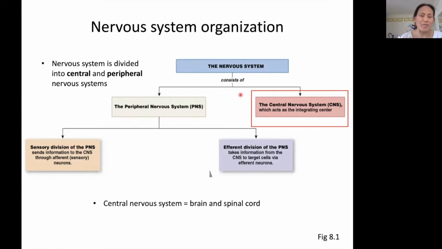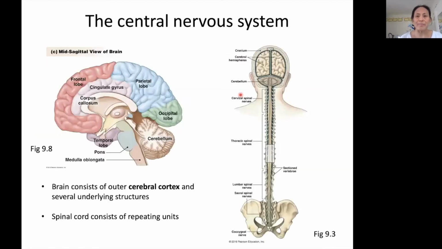I'll give you a quick whirlwind tour of the central nervous system and some of its characteristics. Okay, so like I said before, central nervous system is the brain and the spinal cord. I'm not going to go into great detail about either. If you want to know more about that stuff, you can take psychology classes or neuro.